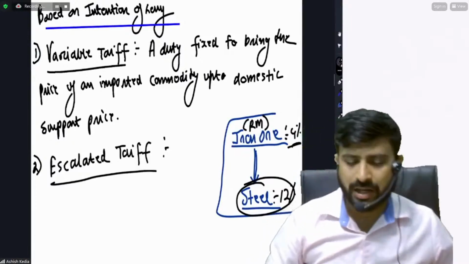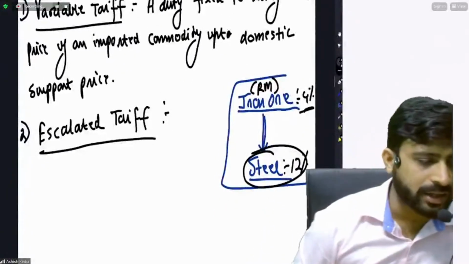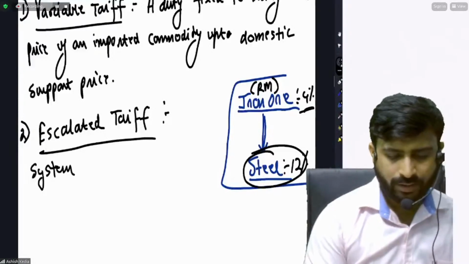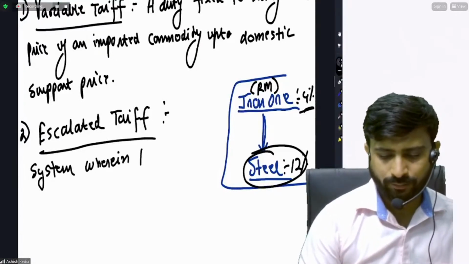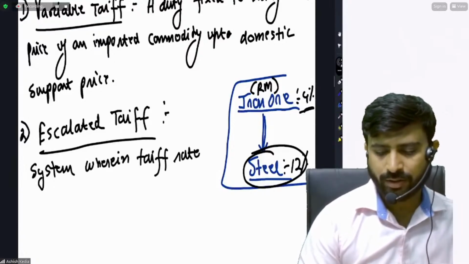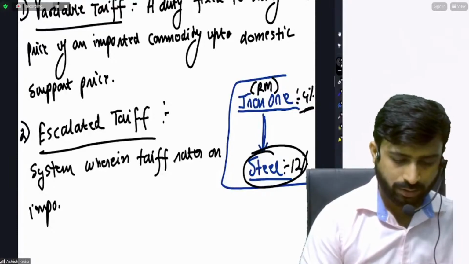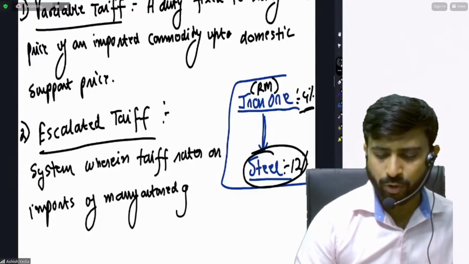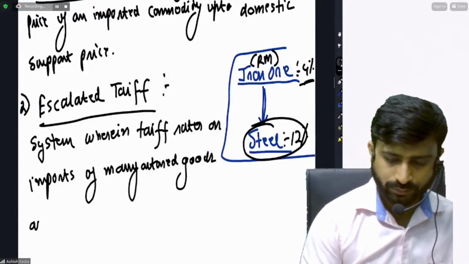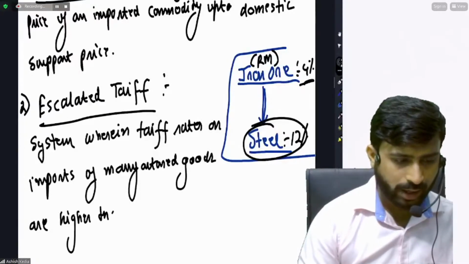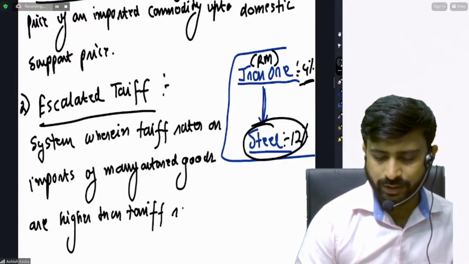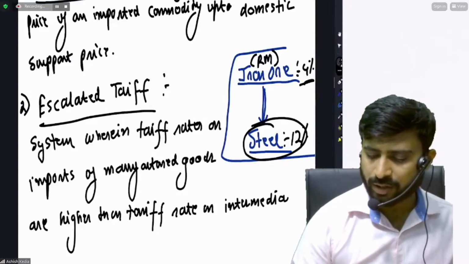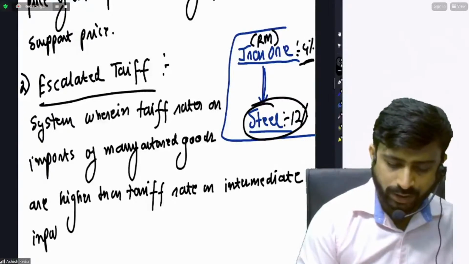Very good. Escalated tariff. Let's go. A system wherein tariff rates on imports of manufactured goods are higher than the tariff rates on intermediate inputs and raw materials.